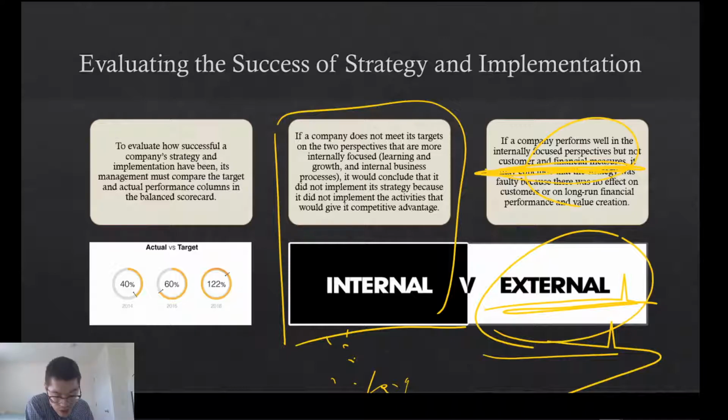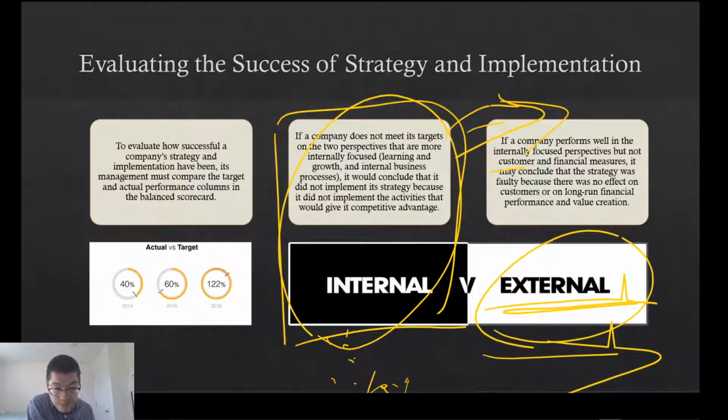So even though we made some change internally, it is not effective at all. Make sense? Because it didn't result in extra dollars of earnings, or an improved customer satisfaction rate.